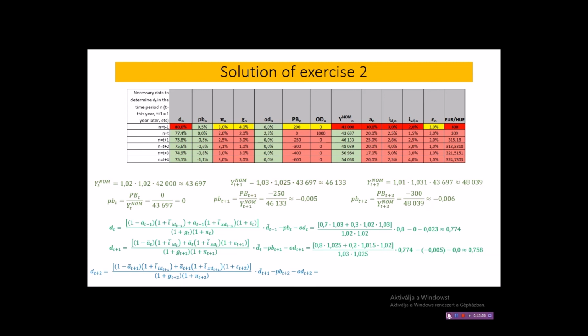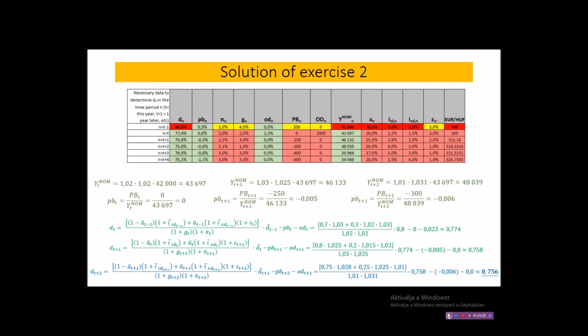So for the t plus 2 time period, the dt plus 2. Here the previous year will be t plus 1, and we need to find the right values from the table above. So a for the t plus 1 period is 25%, so 1 minus a will be 75%, or 0.75. id t plus 1 was 2.8%, so the second component of the multiplication will be 1.028.